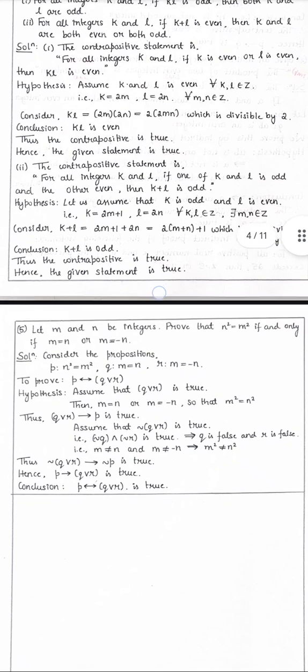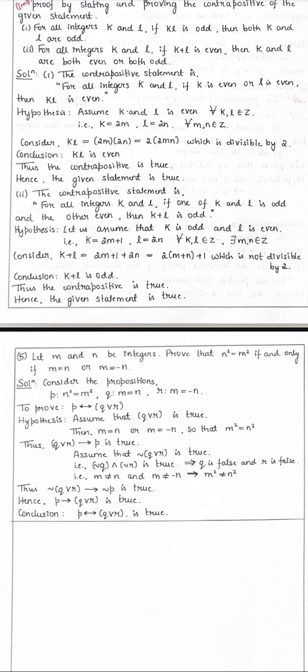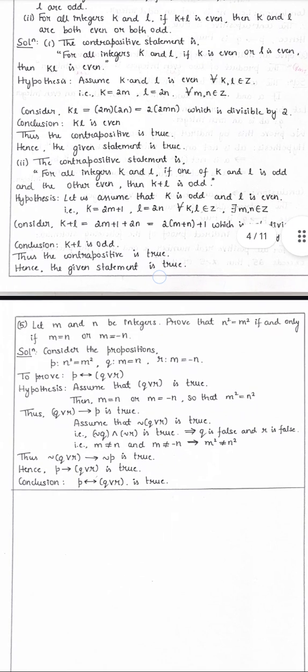So here the statement which they have given is: if k plus l is even, then k and l are both even or both odd. Then the contrapositive: for all integers k and l, if one of k and l is odd and the other even, then k plus l is odd.